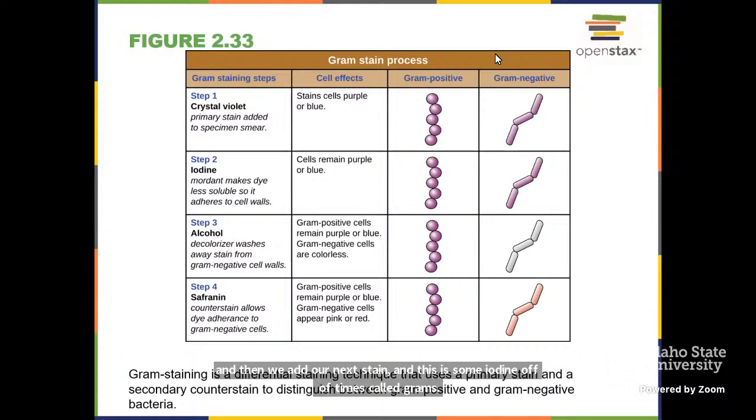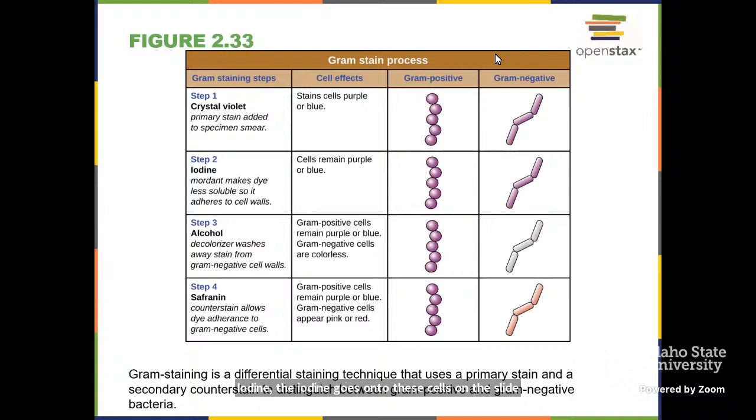The iodine goes onto these cells on the slide, and it interacts with the crystal violet, all right? We call it a mordant, and basically what it does is it helps to anchor that stain into the cell wall of the bacteria, makes it a bigger molecule interacting with that crystal violet, and it gets stuck in there, all right?